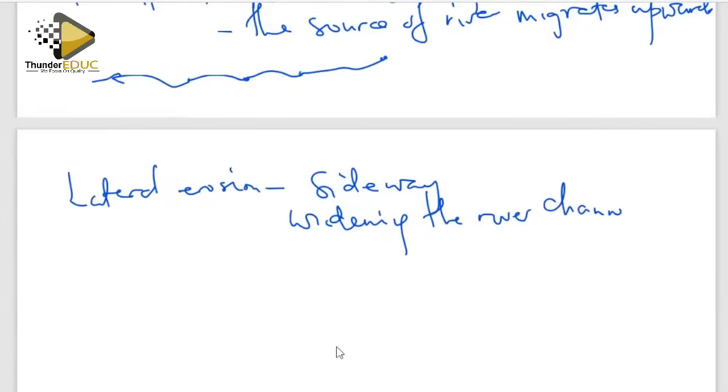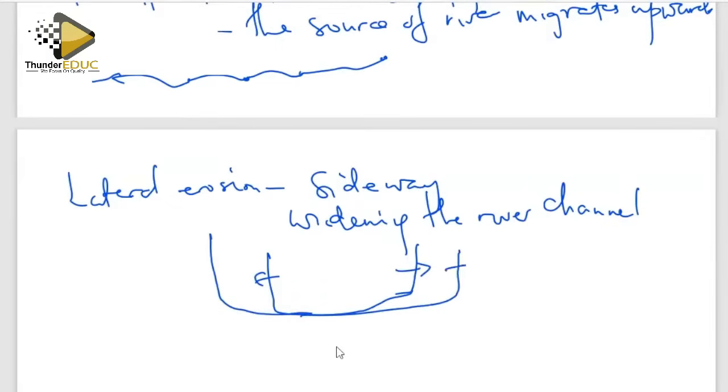When a river channel becomes wider and wider, it means the erosional processes are happening sideways. Let's say this is the initial channel and there is erosion happening on either side. Maybe next season, the river is now here, it's now wider. With increased erosion on the sides, the river channel is getting wider and wider.